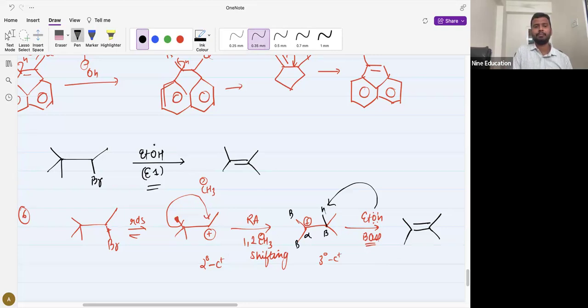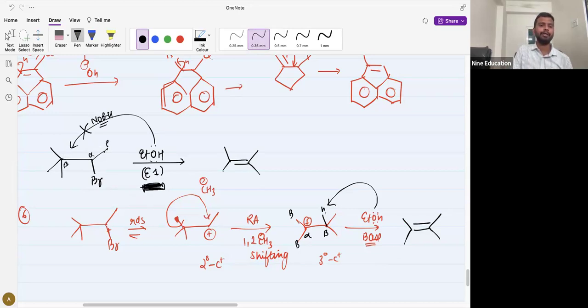है ना? देखें आप स्पेशल, अब यहाँ पे there is no beta hydrogen, therefore it has to go by E1 mechanism. Here no beta hydrogen, this is alpha, this is beta, यहाँ पर बीटा ही नहीं है.